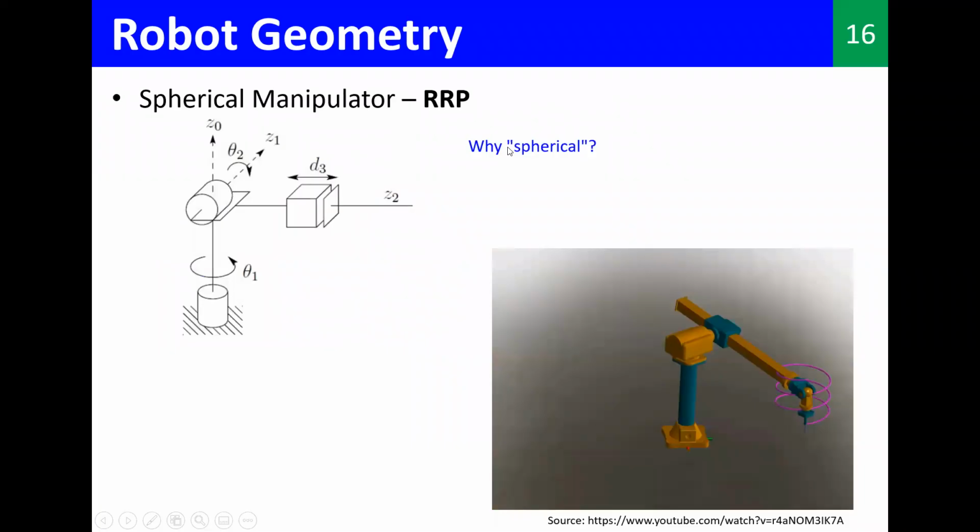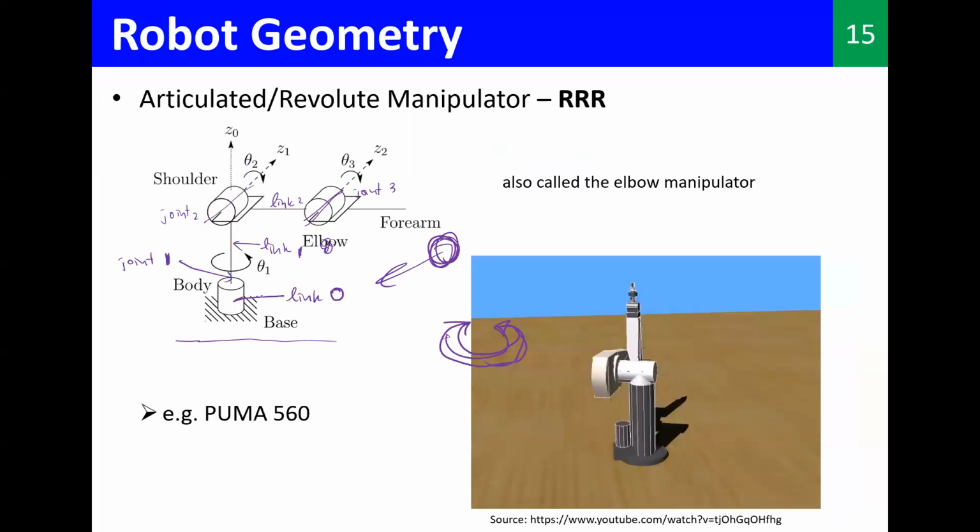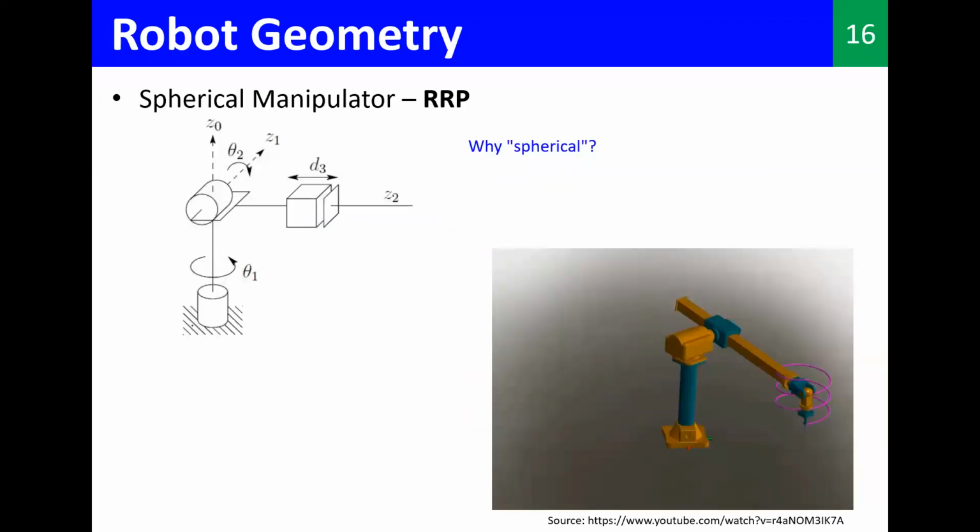Next, we have something called a spherical manipulator, and carefully look at its shape. Just like the previous case, we have the base joint in the same manner. So let's say link 0 and joint 1 here, and this is link 1.